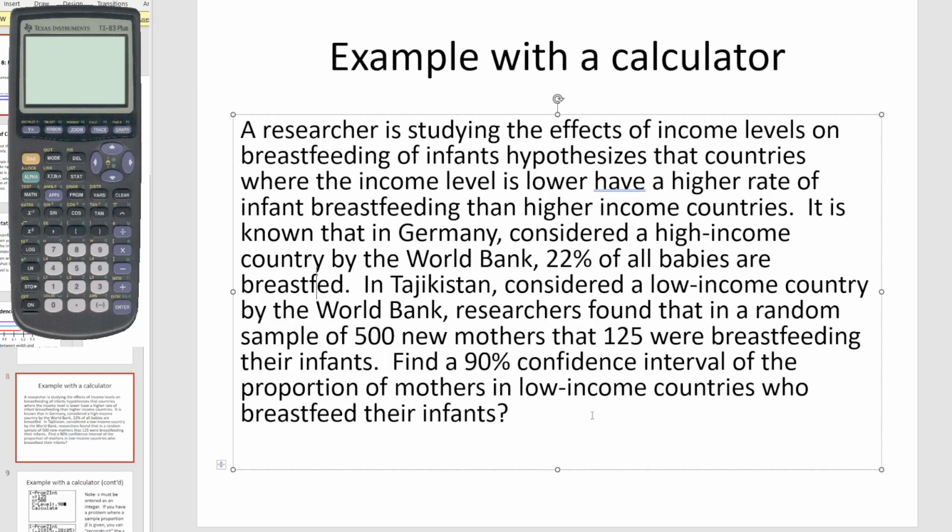In Tajikistan, considered a low-income country by the World Bank, researchers found that in a random sample of 500 new mothers, 125 were breastfeeding their infants. Find a 90% confidence interval of the proportion of mothers in low-income countries who breastfeed their infants.